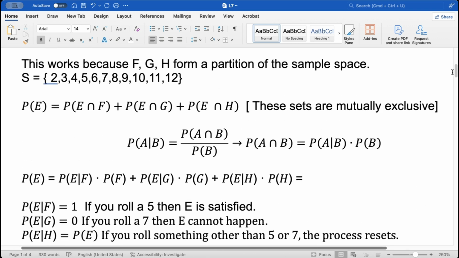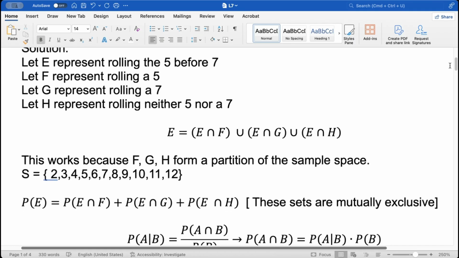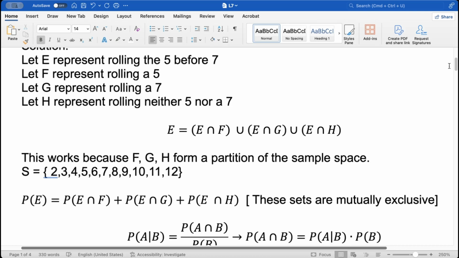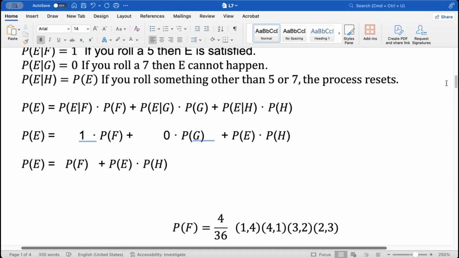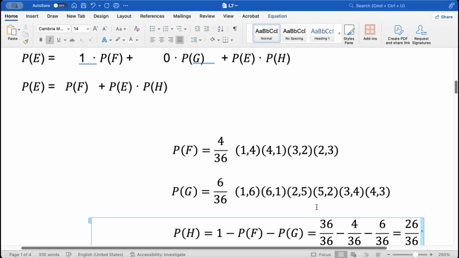Now, H was everything else, neither a 5 nor a 7. So the easiest thing to do to find that is to do the complement, subtract off F and G. So F and G used up 10 out of the 36 possibilities, so there are 26 left.